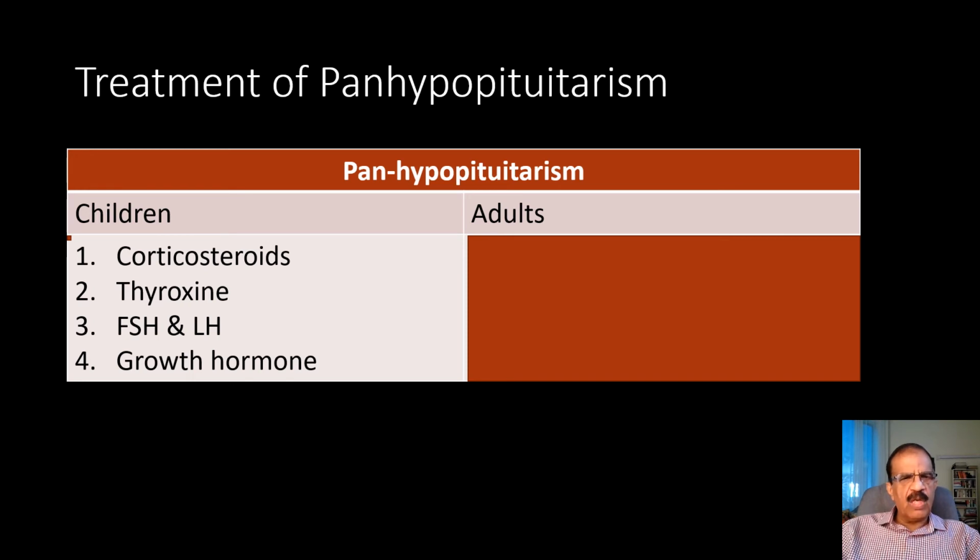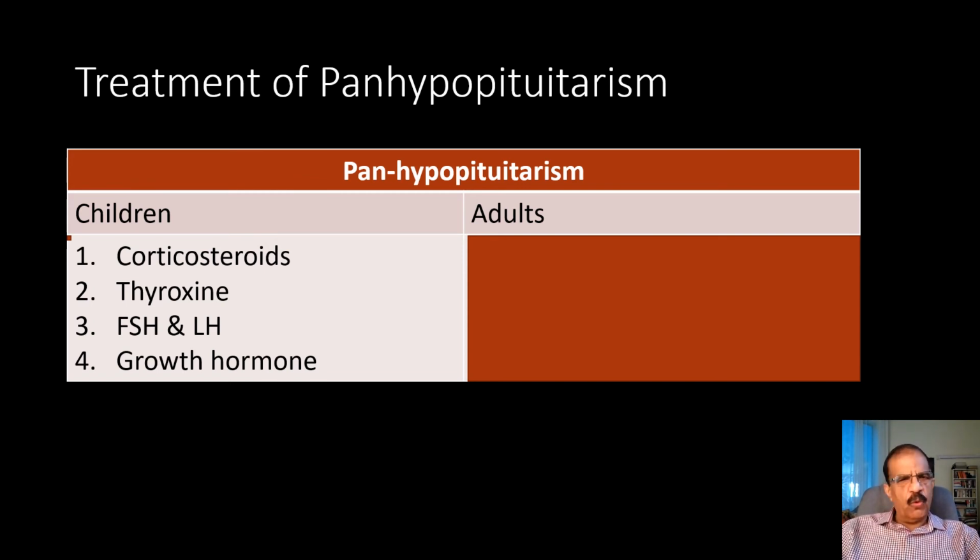Although if we give FSH and LH, testosterone and estrogen will be produced, sometimes a supplemental dose of estrogen and testosterone is also needed.